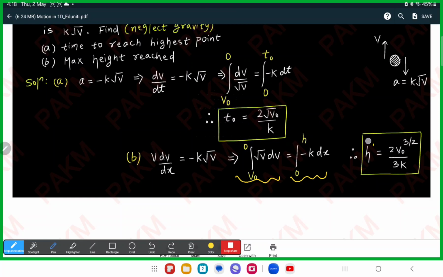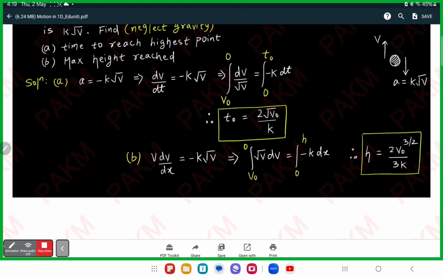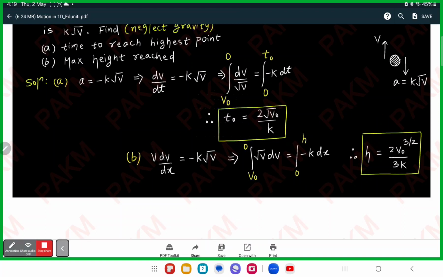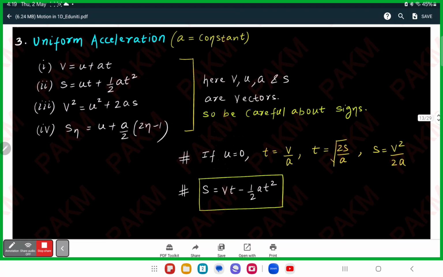By this way, you can calculate the value of h, that is, the desired maximum height. What will be the value? So once again, this is a good problem that will give you some sense of how to approach it when the acceleration is variable. Clear? So let's quickly see the next question.